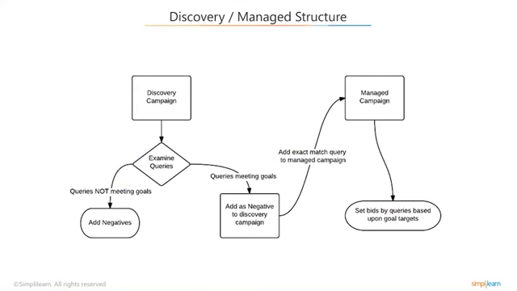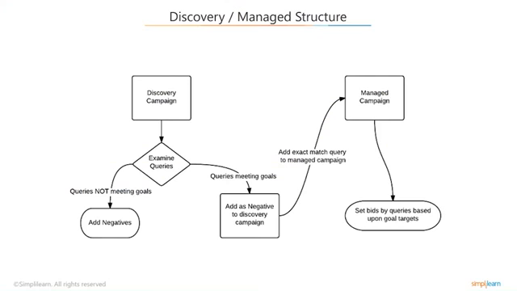So another one that I commonly see still to this day, we've all heard of the discovery managed, sometimes called the alpha beta campaign. With this campaign structure, the goal is to have one campaign where you've got a lot of broad match or modified broad match keywords. And then you run those, and if a keyword converts, you make it an exact match in that first campaign.